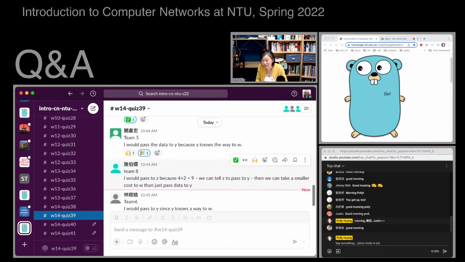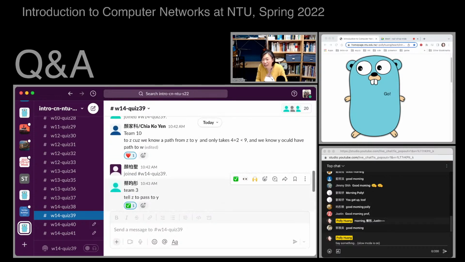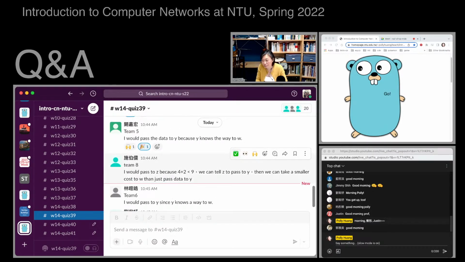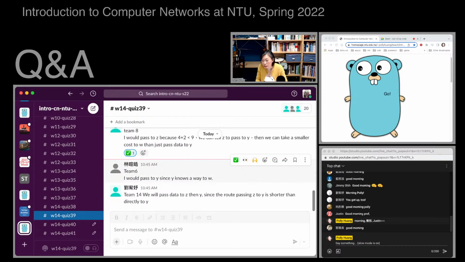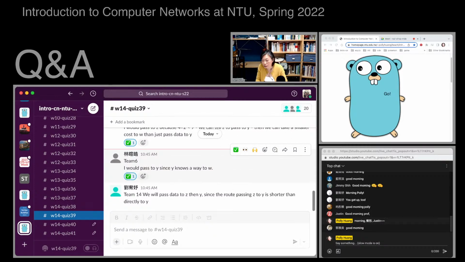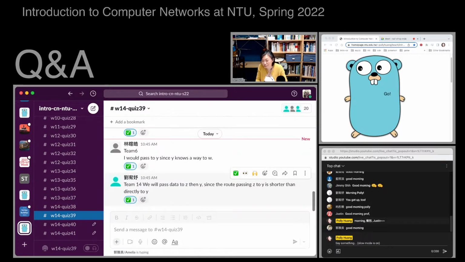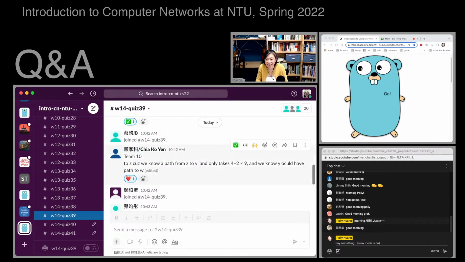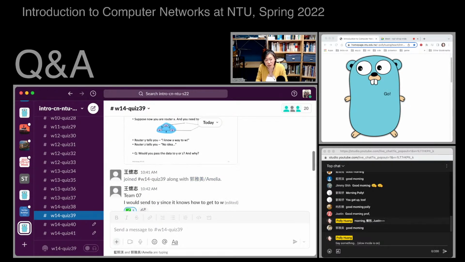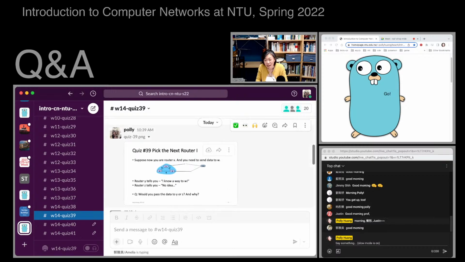I think Jimmy here is saying the same thing that team 10 is saying. Pass to Y. Yeah, Howard, very good. Pass to Z and Y, since the route passes Z. Okay, I see. And you also see, at this point, you actually don't know.